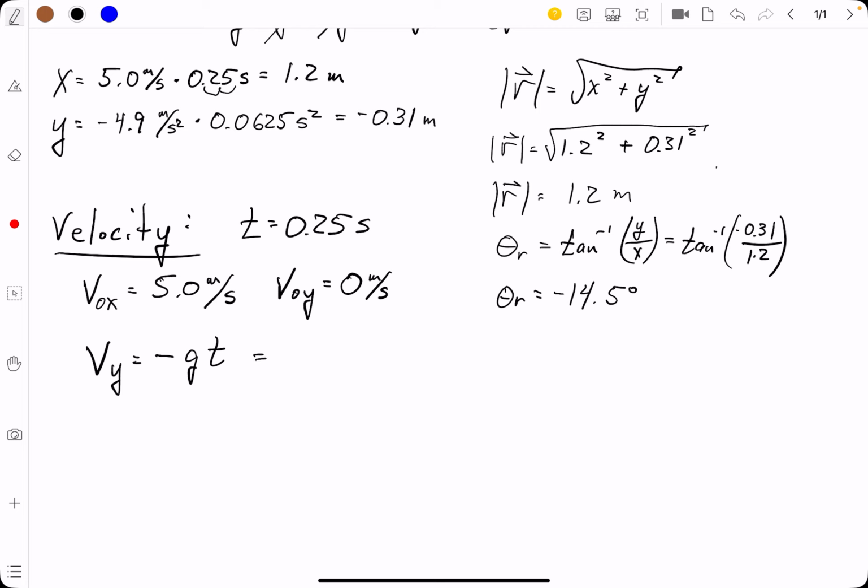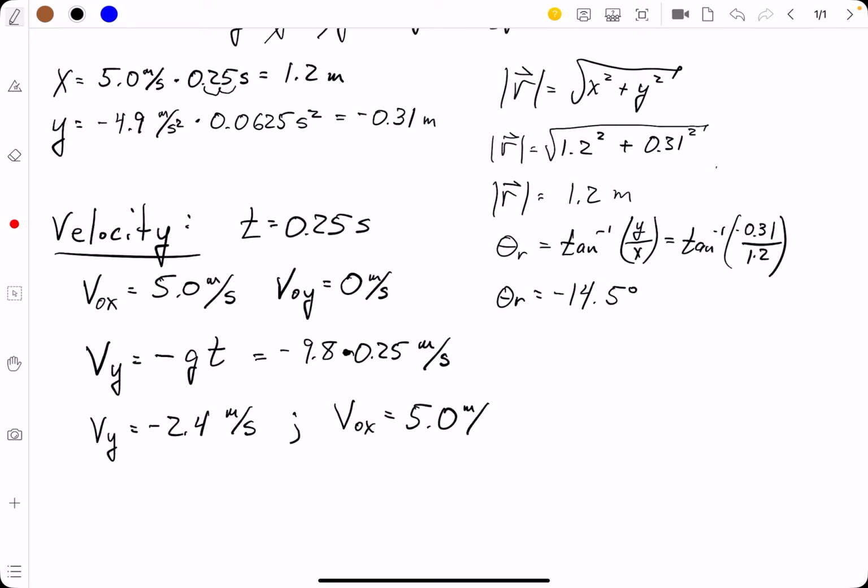And we'll plug in some numbers there. Minus 9.8 times 0.25, and we're going to end up with meters per second. That's a multiply, so a quarter of 9.8, and that's going to give us Vy is equal to minus 2.4 meters per second. What about Vx? Well, Vx never changes. It's the nice part about projectile motion. We can just say v naught x is equal to 5 meters per second.